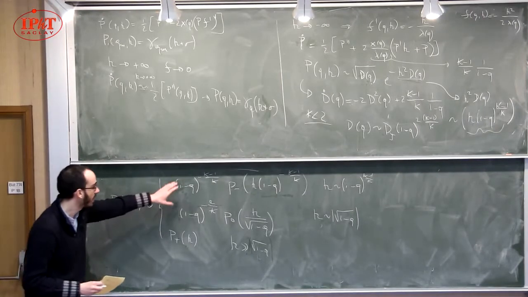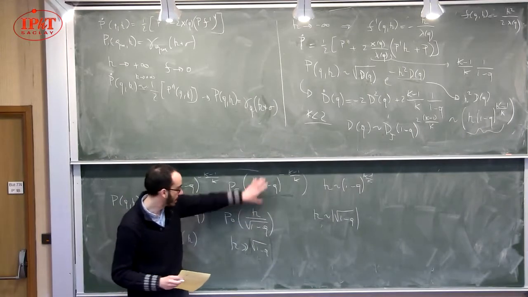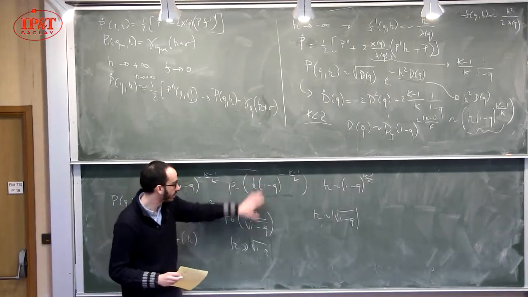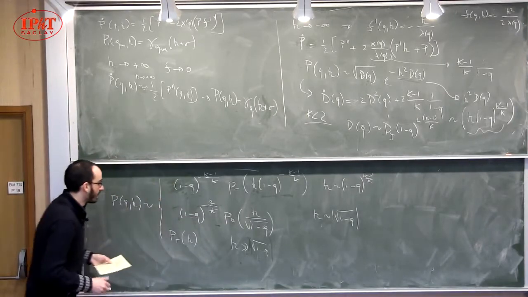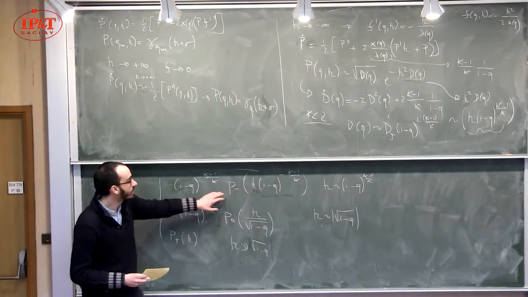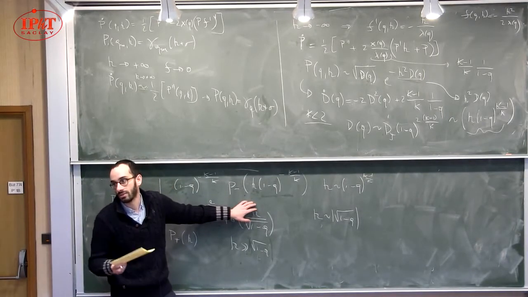So we analyze what happens at h plus infinity and minus infinity, we get two regimes, and in order to match them, we need a matching regime inside. Now, when you look at the equations, you realize that this function is not universal, it's really fixed by the boundary condition.